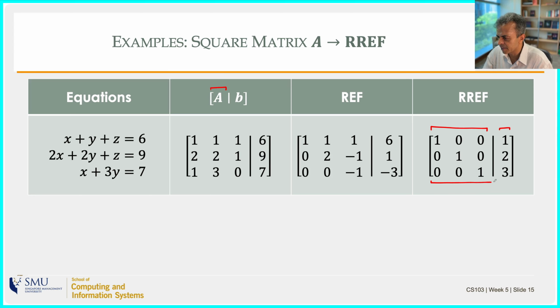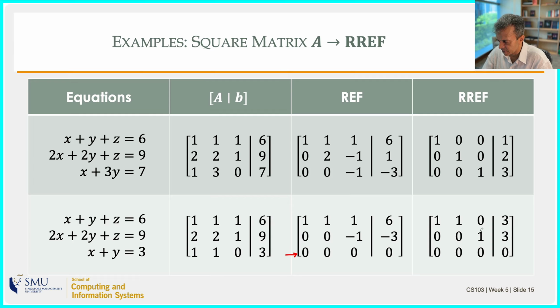Now let's take a rank deficient case. In here, I have the third equation not independent, and that becomes a zero row in the Gaussian elimination. And then you can do some scaling of the pivot rows and some subtraction. Since there is a pivot here, you can use that to make this 0, but there's no pivot here, so there's no way you can make this 1, 0.